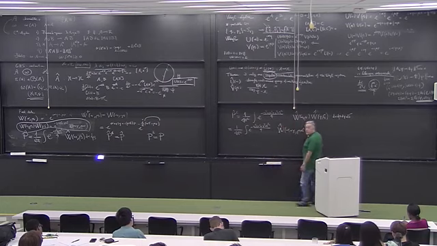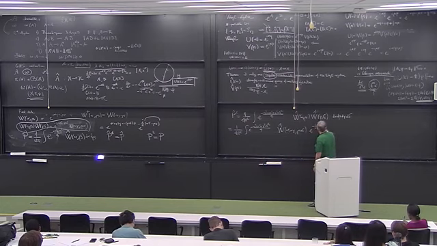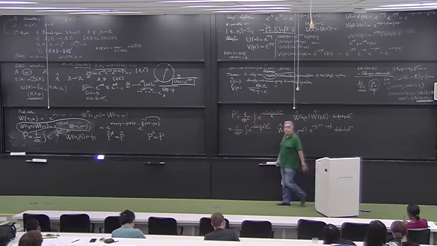Here the group structure enters at this level, e to the minus i over 2, alpha delta minus gamma beta. Okay.